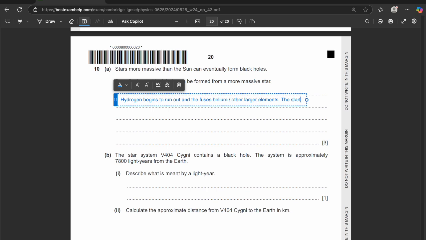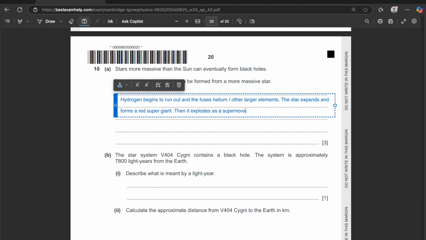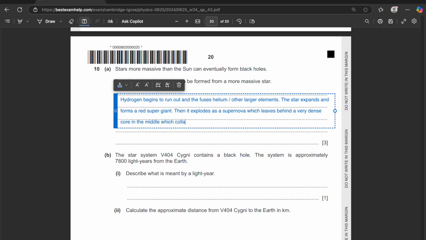The star expands and forms a red supergiant because it's more massive than the sun, and then it explodes as a supernova, which leaves behind a very dense core in the middle, which collapses to form a black hole.